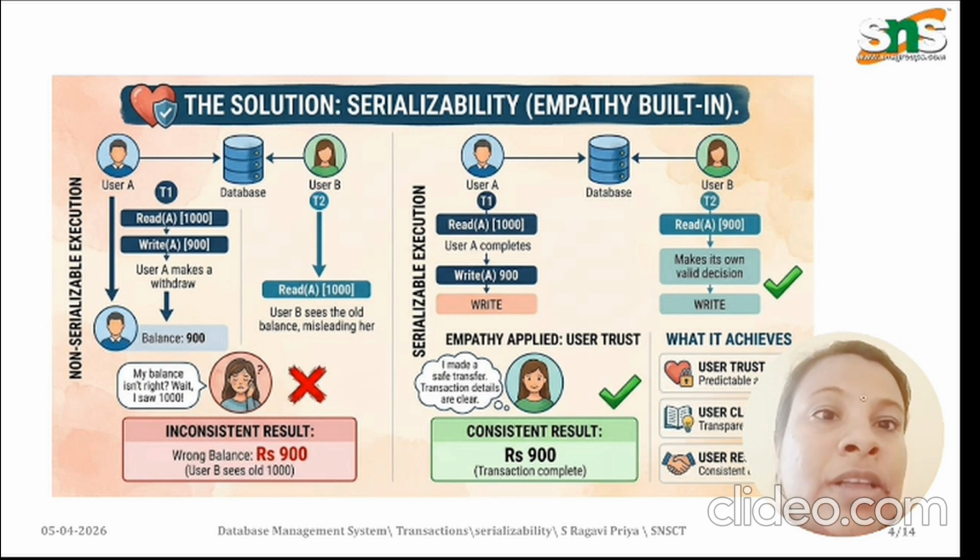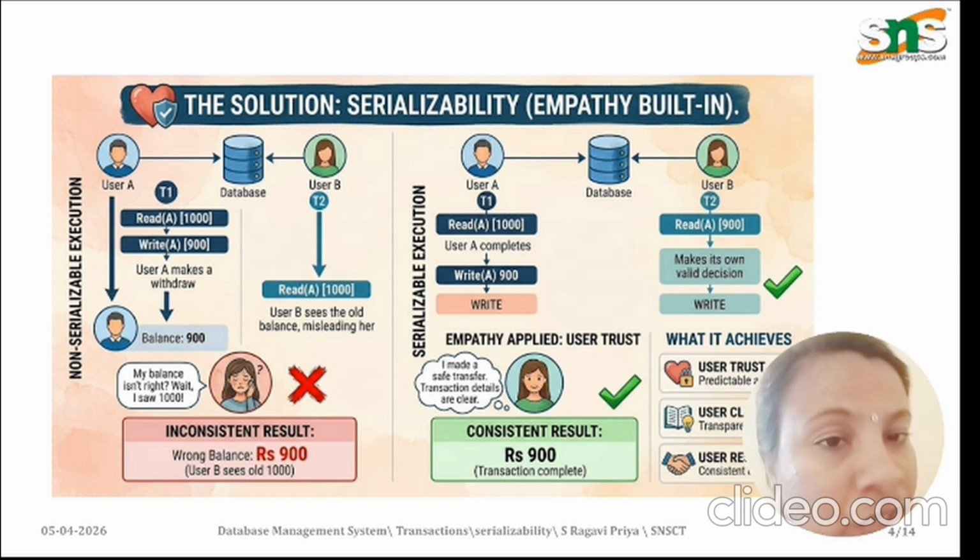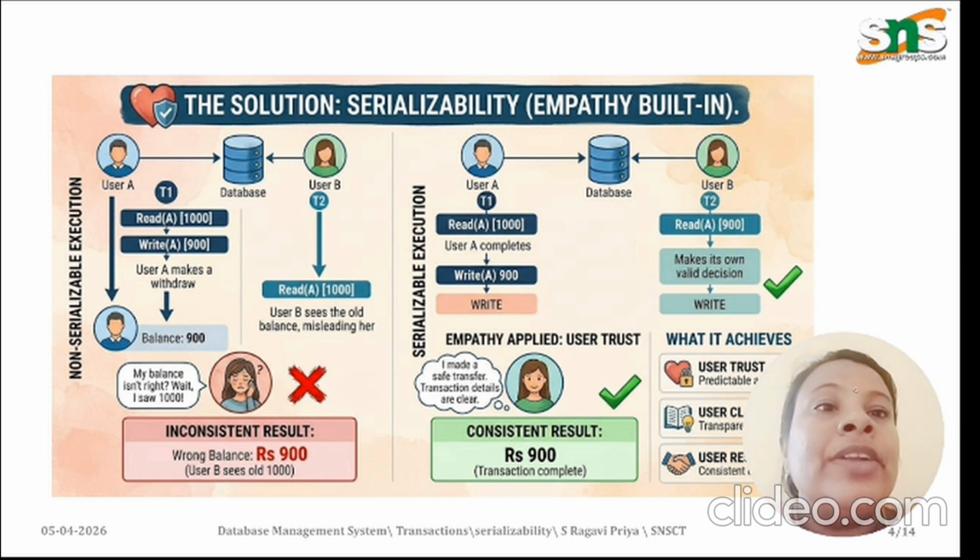Wait, I saw 1000." That will be an inconsistent result. User B gets a wrong balance of rupees 1000. He sees the old transaction, but the correct balance is 900. So this is a non-serializable execution.